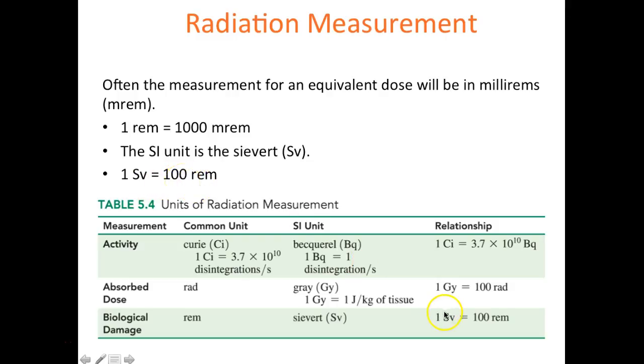Okay, so Sv is the SI unit for biological damage, and for the absorbed dose, the SI unit is the gray, Gy, and that is 100 rad. All right, and then one Bq is 1 disintegration per second. One Ci is 3.7 times 10 to the power 10 disintegrations per second. So one Ci, Curie, is 3.7 times 10 to the power 10 Bq or becquerel.